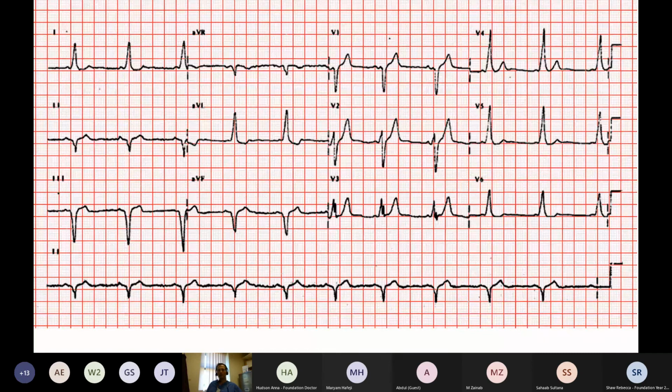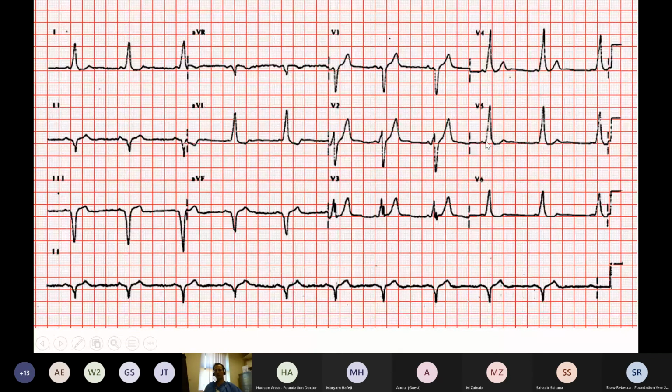So there's a short PR interval here, and any advance on short PR interval? So looking particularly in leads V4, V5, V6. You can also see it quite well in lead 1. Very good. So delta waves.